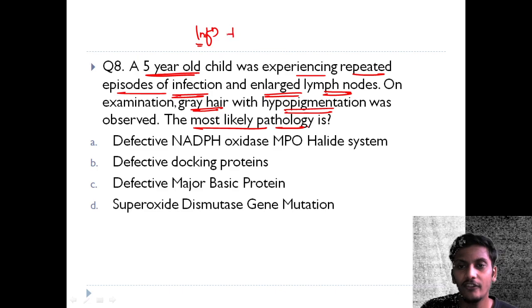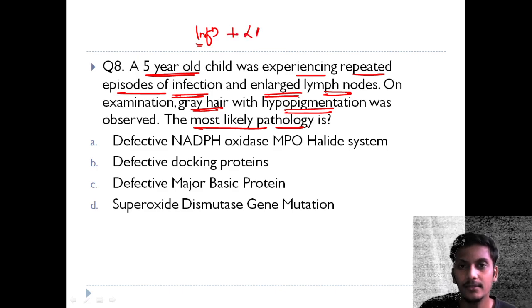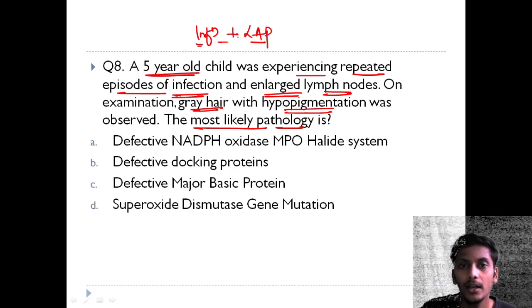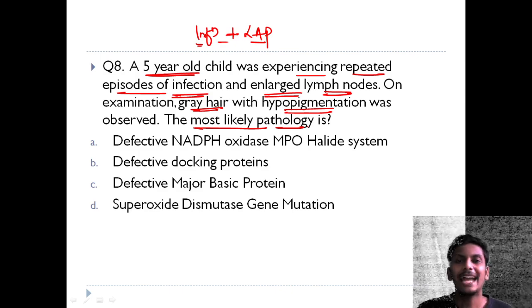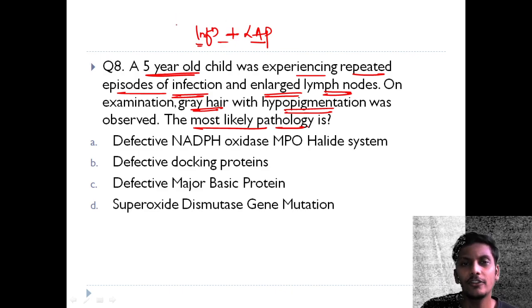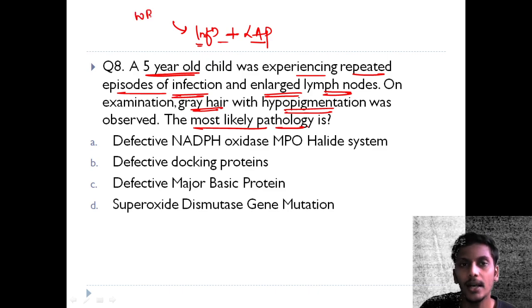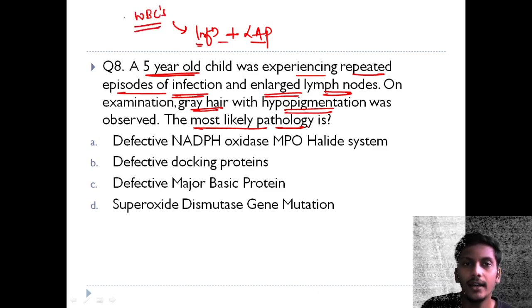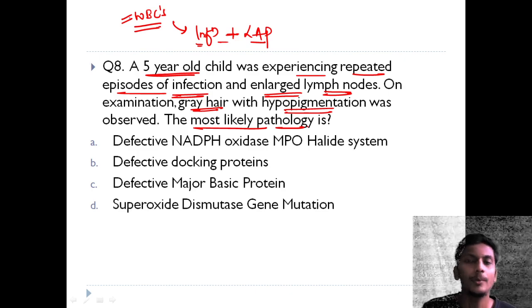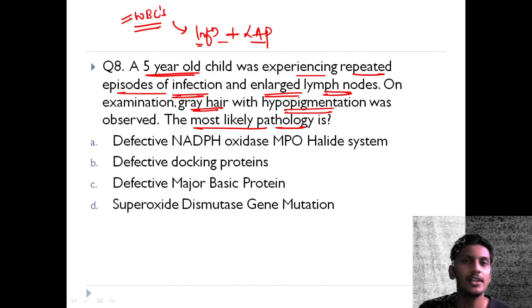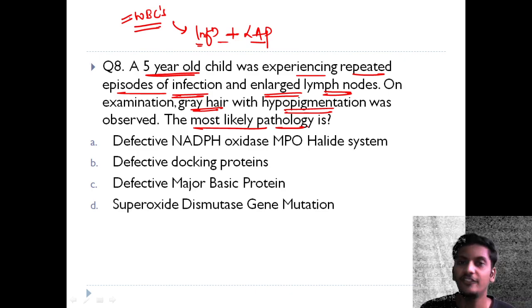Along with that, we can find enlarged lymph nodes, that is, there is lymphadenopathy, right? Repeated episodes of infections or lymphadenopathy usually can be seen in conditions where the WBCs are not in adequate number, or the WBCs are defective. That will lead to repeated episodes of infection, right?